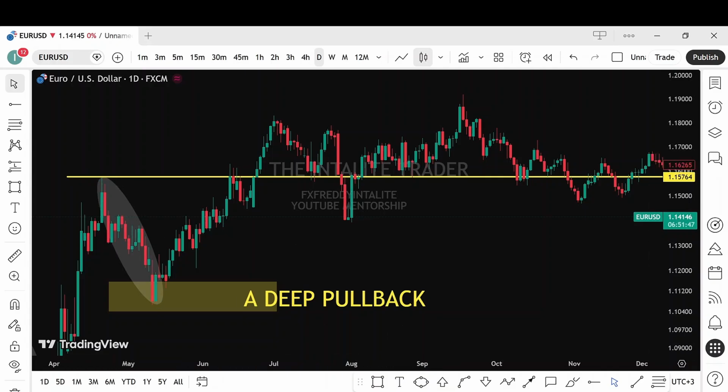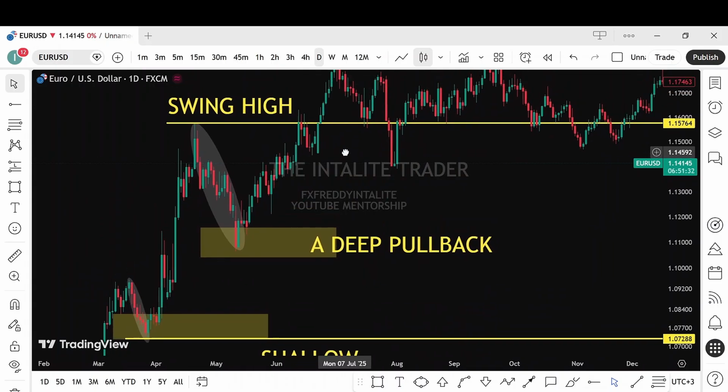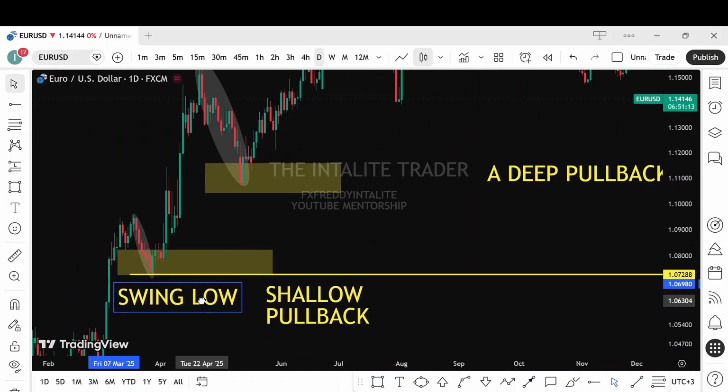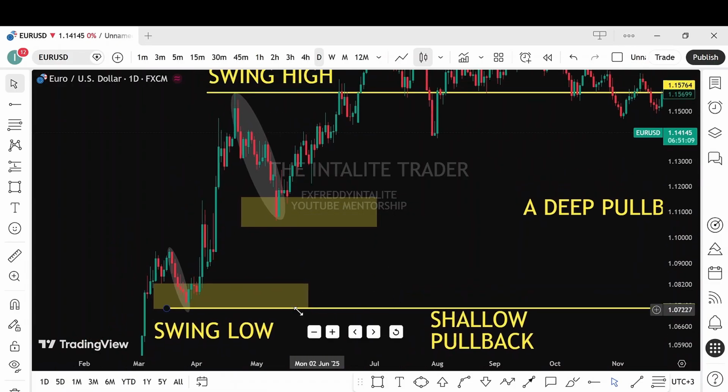Let me put it. This is our swing high, and then this is a swing low. This is a swing low after the shallow pullback.